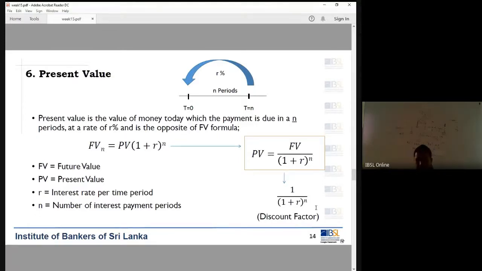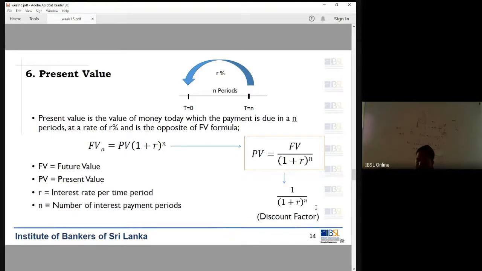In some exams, these discount factor tables are also available on the last page of your exam paper.